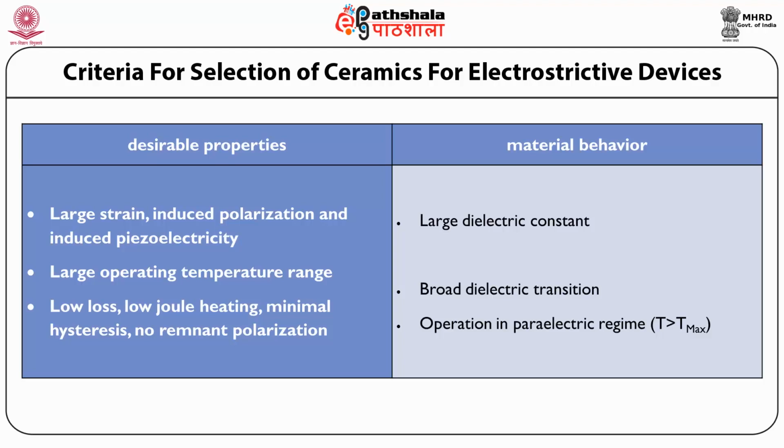The desirable properties for the selection of ceramics are: first, large strain, induced polarization and piezoelectricity; second, large operating temperature range; third, low loss, low joule heating, minimal hysteresis, no remnant polarization.